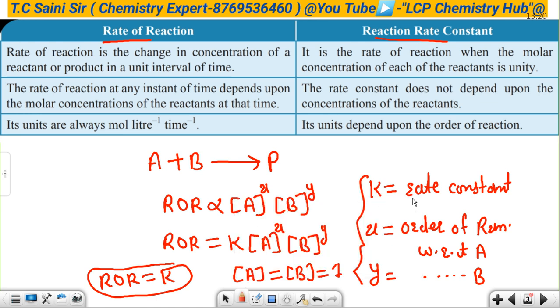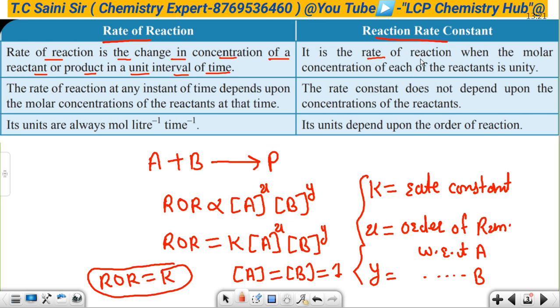Rate of reaction is the change in the concentration of a reactant or product in a unit interval of time. And what is the reaction rate constant?